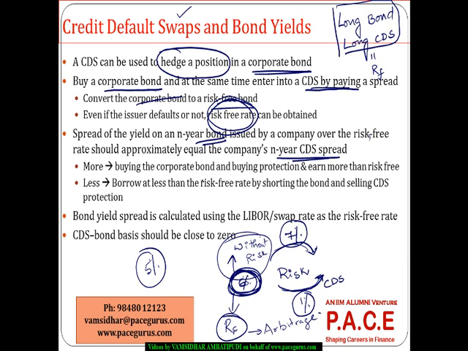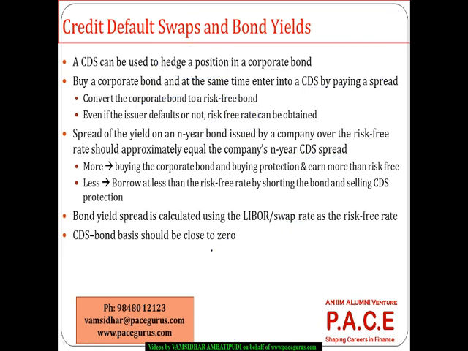So I'll take advantage of it. If it is on the other side, lesser, then I can borrow at less than the risk-free rate by shorting the bond and selling the CDS protection. So either way, it is going to give me an arbitrage profit, which means I can't have a situation where this equation does not work.